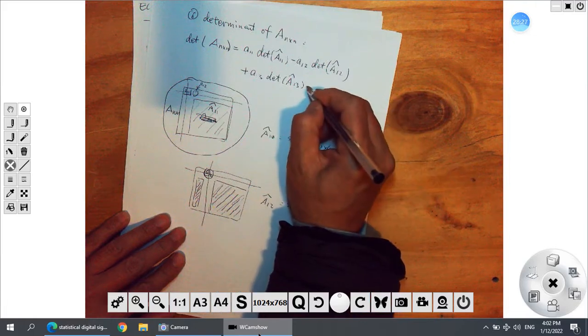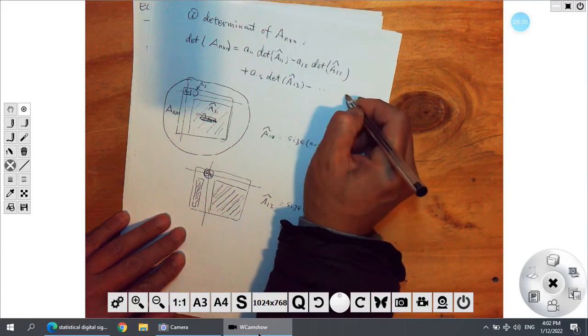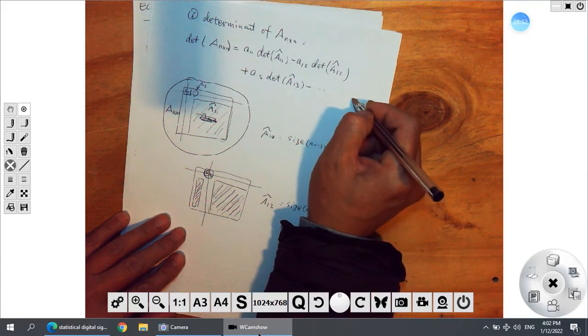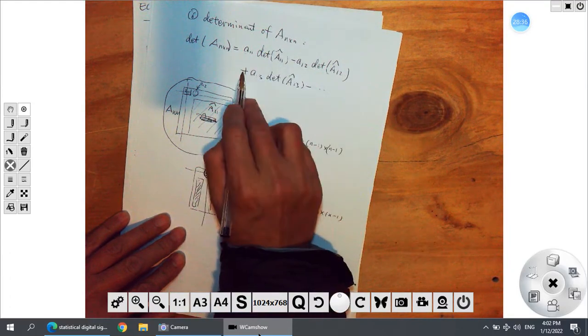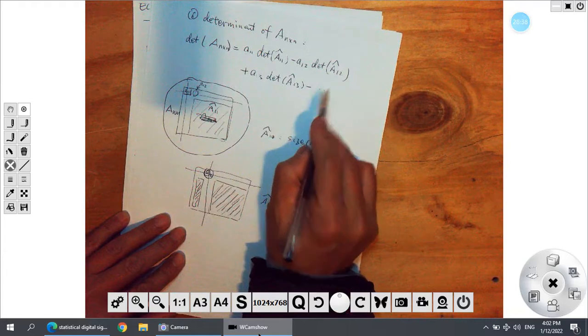Then minus, and so on until the last element. It's plus or minus, that depends. The first one is positive, then minus, then plus, then minus, until the last element.